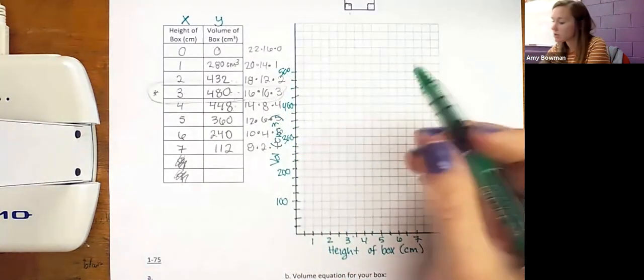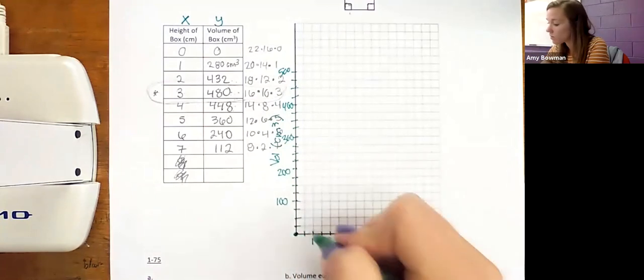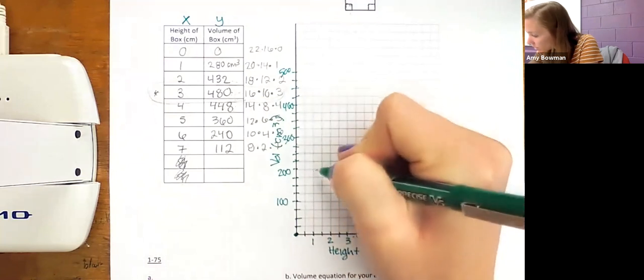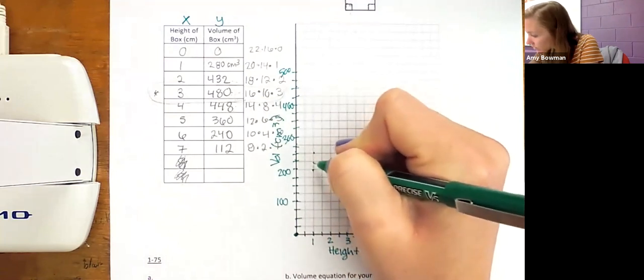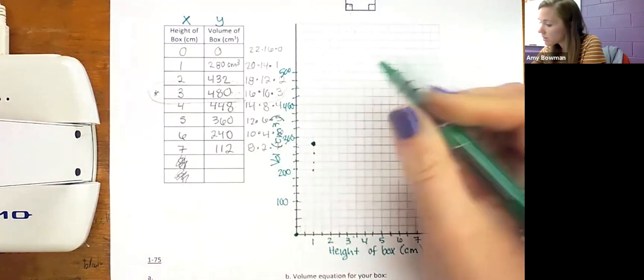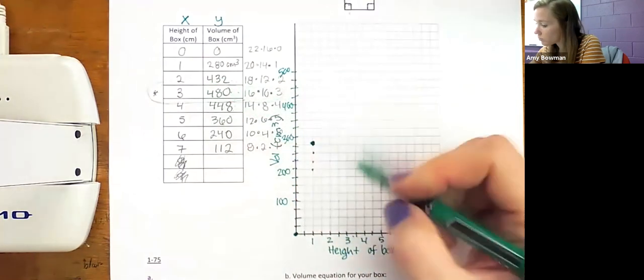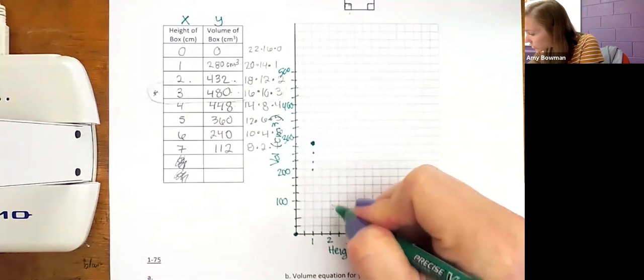All right, so plotting our points, we had height of 0, volume of 0, height of 1, volume of 280, so 275 right there. Height of 2, volume of 432.